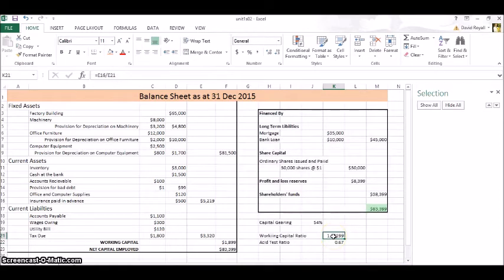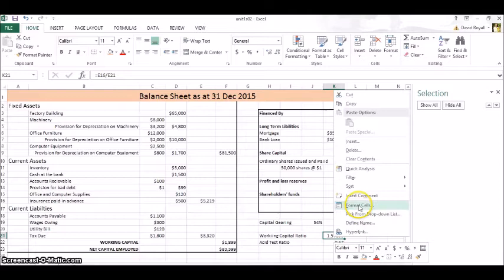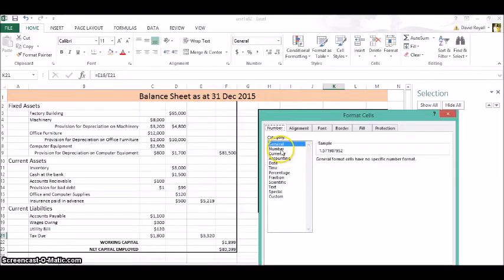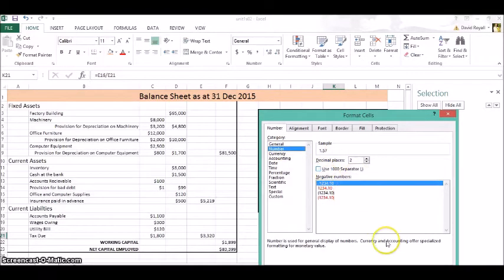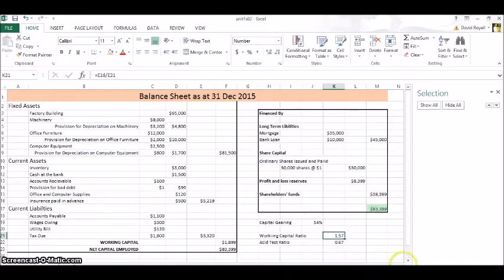I'll do exactly the same up here, format the cells, set it to number, 2 places of decimal, and there we've got our working capital ratio, acid test ratio, less than 1, so not ideal.